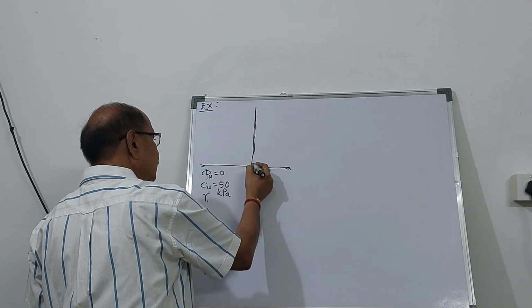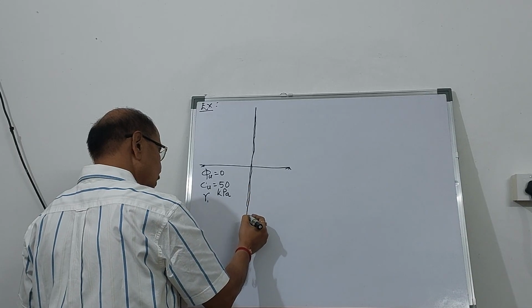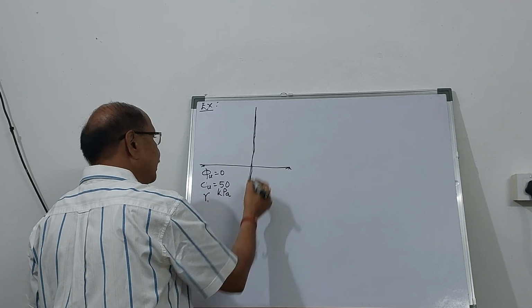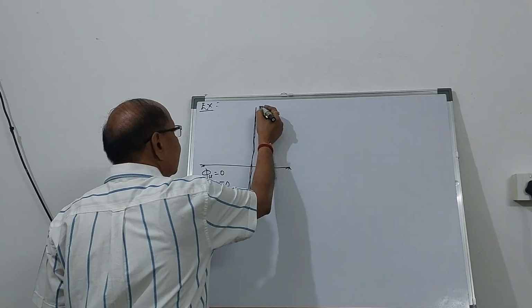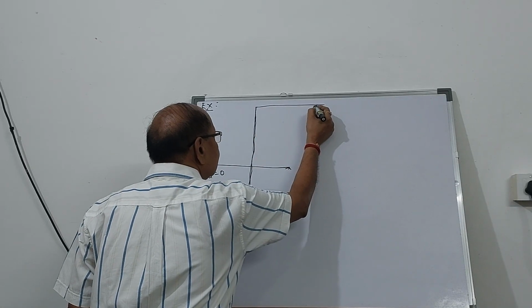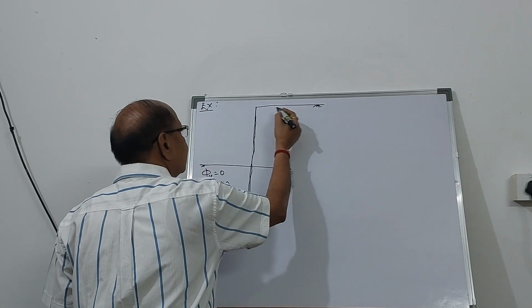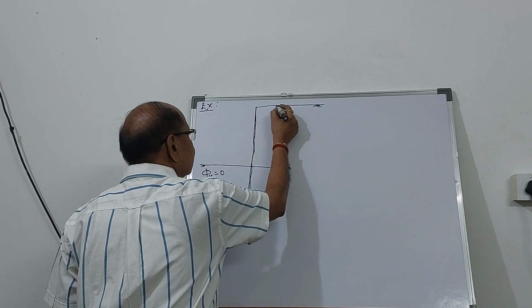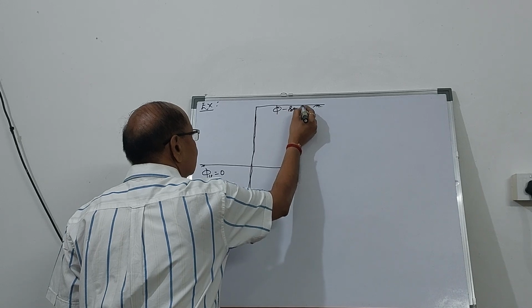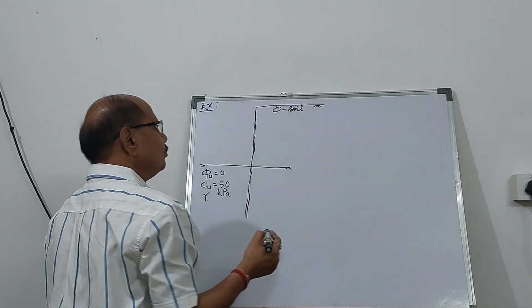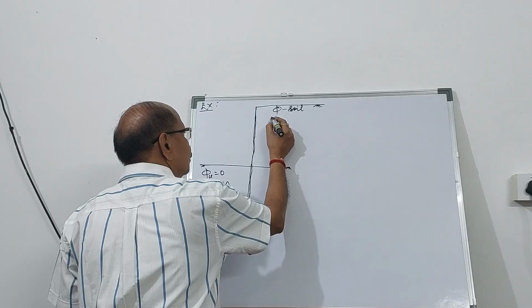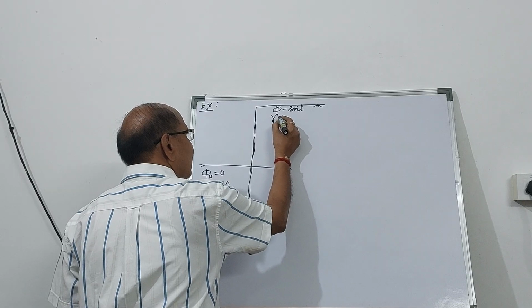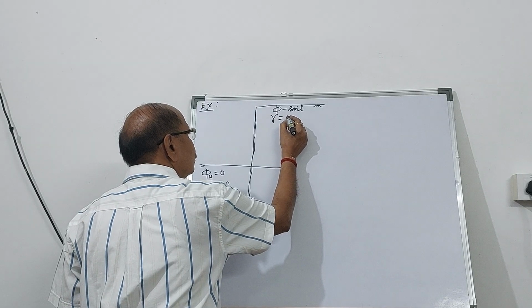The sheet pile is penetrating this clay bed, and the backfill here is going to be granular, or phi soil. The unit weight gamma is known to us.